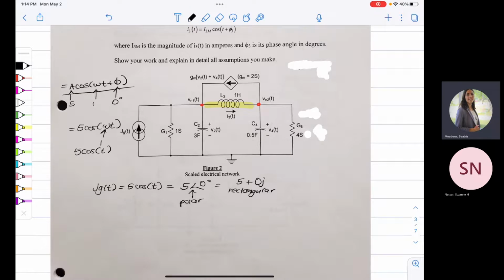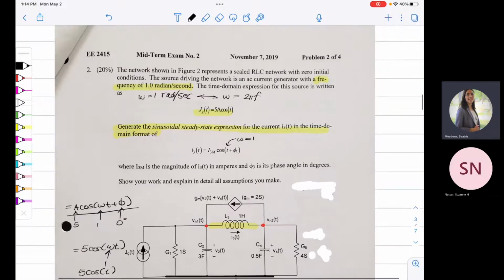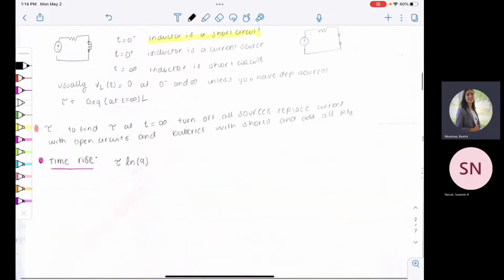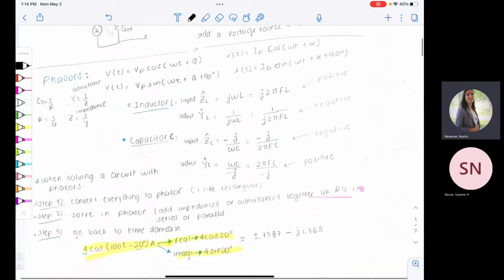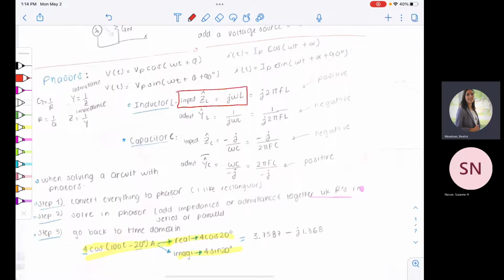Here, go to the top and show them the little thing I made. So we're looking at the impedances, so that's j omega L. Admittance would be 1 over j omega L. Oh yeah, you were doing admittance.